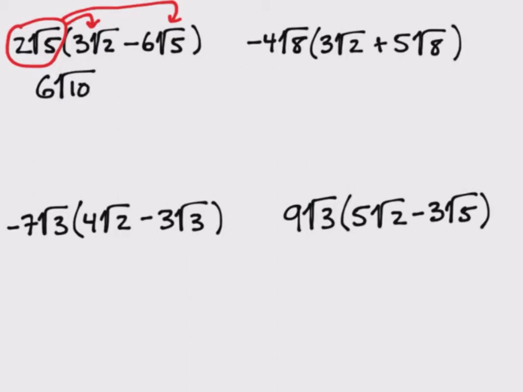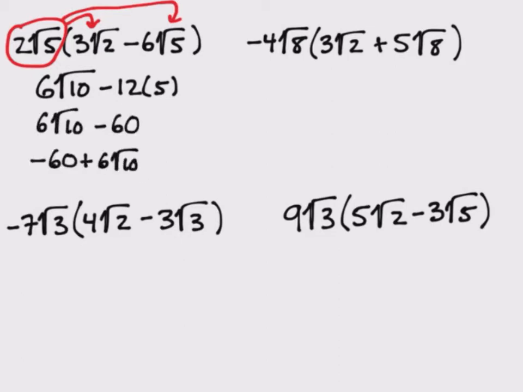For our second set of multiplication, 2 times negative 6 is negative 12. And the square root of 5 times the square root of 5 is 5. And so we end up with 6 times the square root of 10 minus 60, or negative 60 plus 6 times the square root of 10.